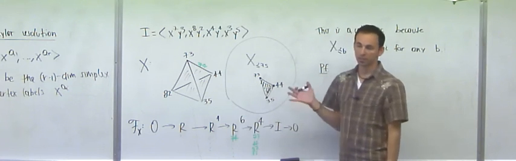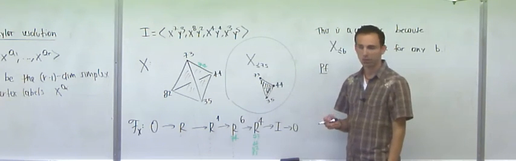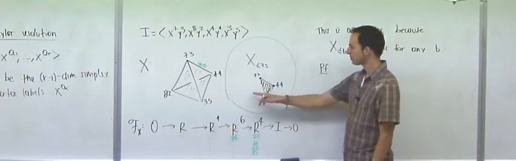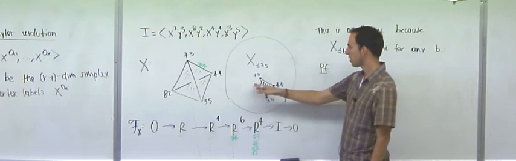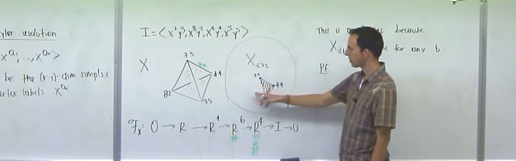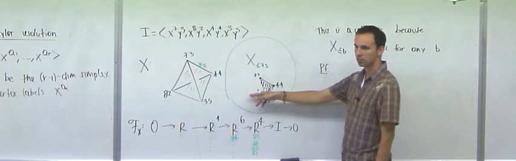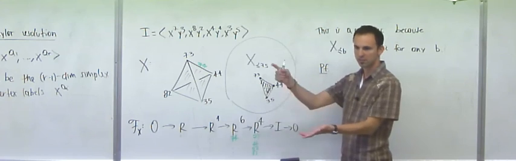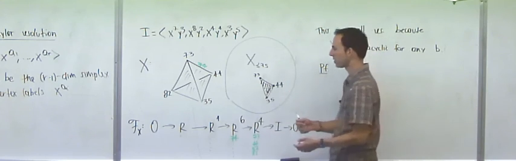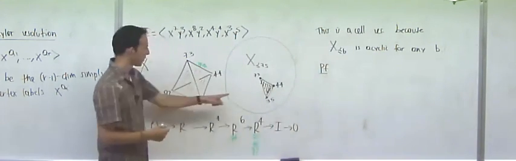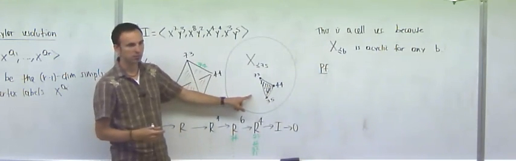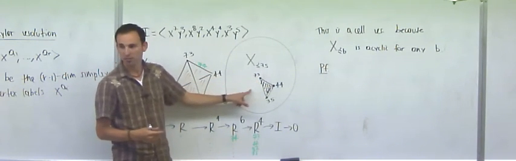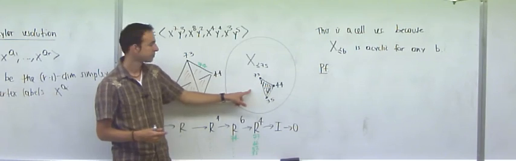But I also claim that nothing else gets to be in there. And why is that? Because every other edge, or every other triangle, or every other vertex, one of its vertices is excluded, and that means that the face has to be excluded, right? If the vertex 8, 2 doesn't live here, then I also can't have any edge that contains it. Okay?